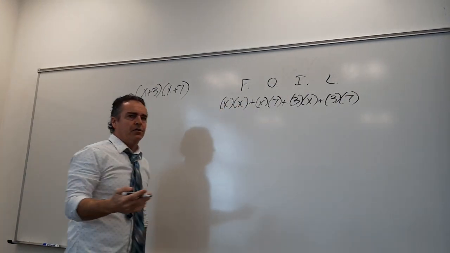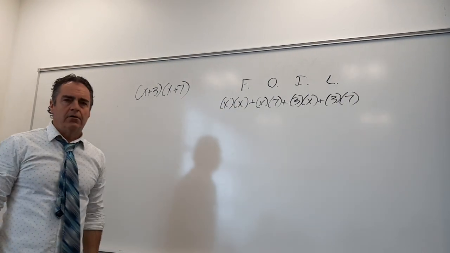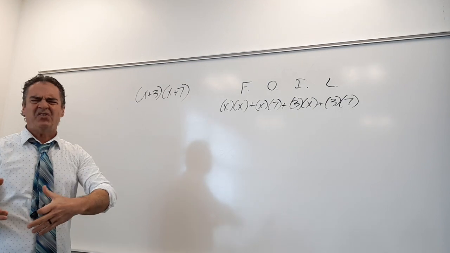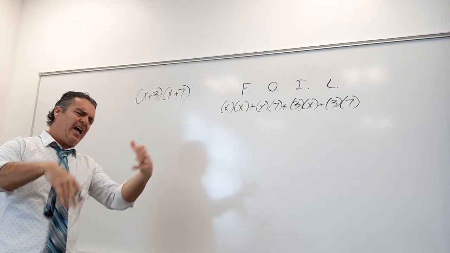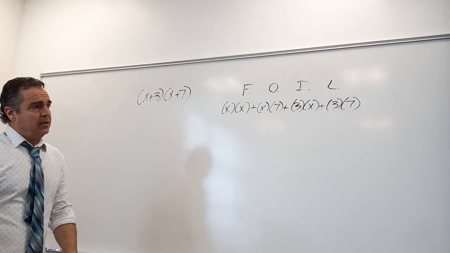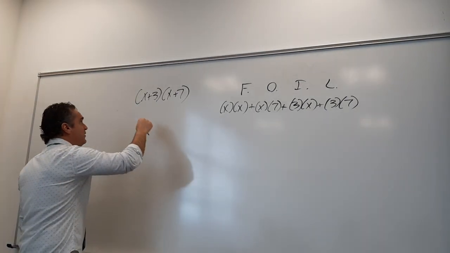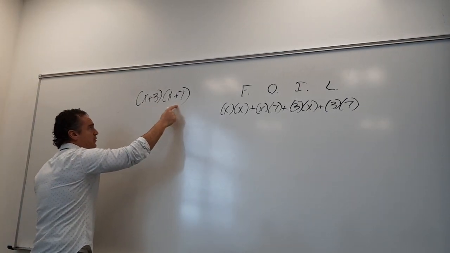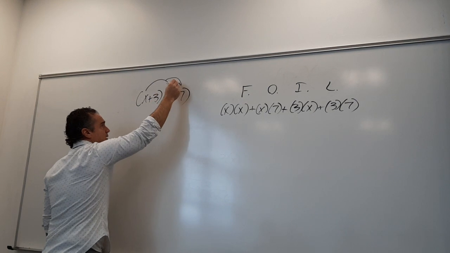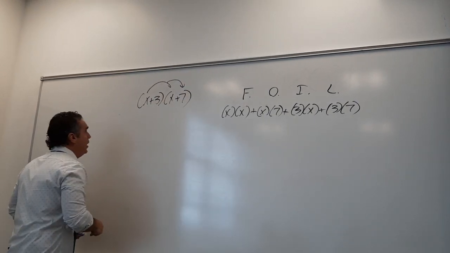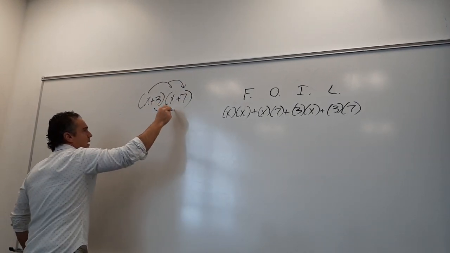But here's what I want to teach you. If FOIL confuses you, you can simply say everything in this parentheses has to go to everything in this parentheses. Meaning x has to go to here and to here, and 3 has to go to here and to here.